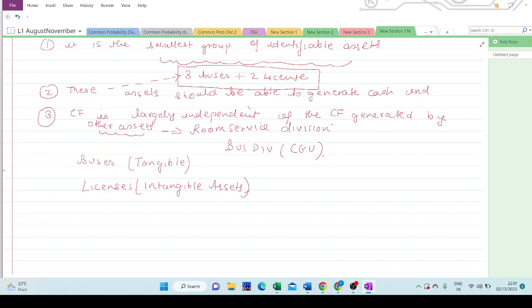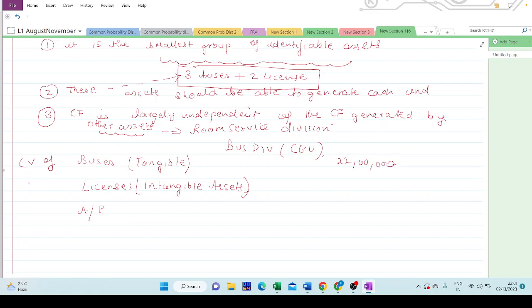So this bus division might owe money to petrol pumps on account of diesel, right? So this CGU bus division might have accounts payable as well, which would be a liability of this bus division CGU, right? Okay. So say the carrying value of buses is 22 lakhs.